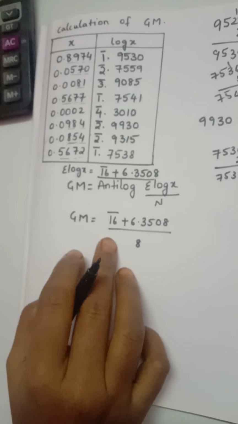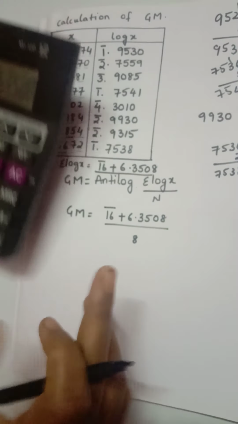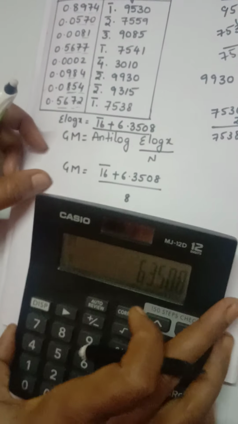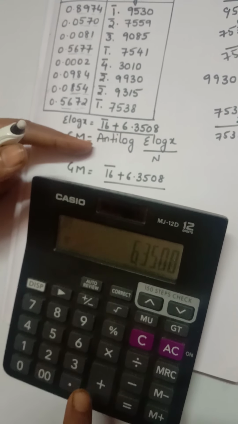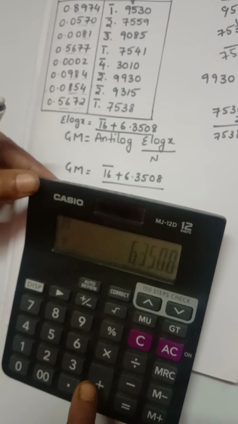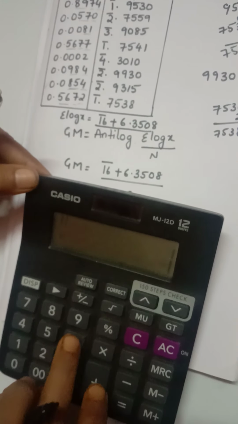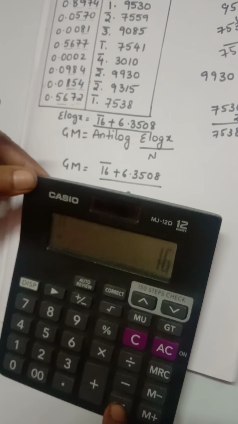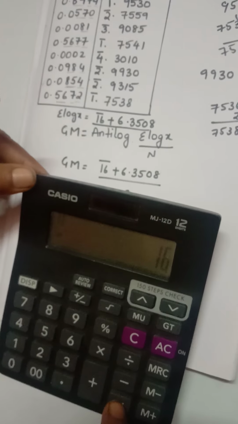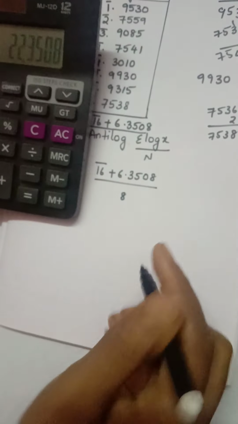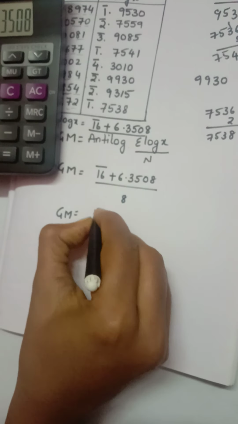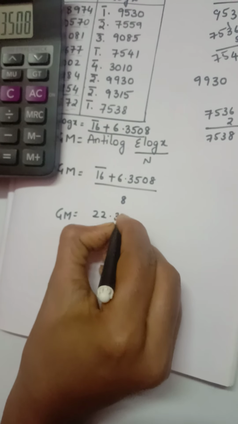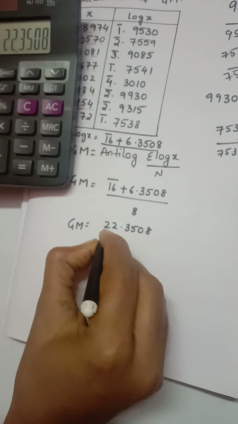So how to add it? First, you need to specify 16 plus 6.3508. If you do it, you will get geometric mean is equal to antilog of 22.3508 divided by 8.